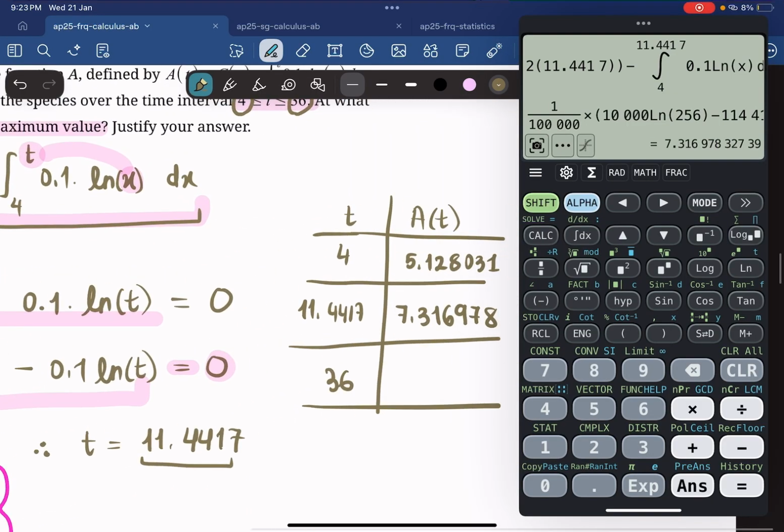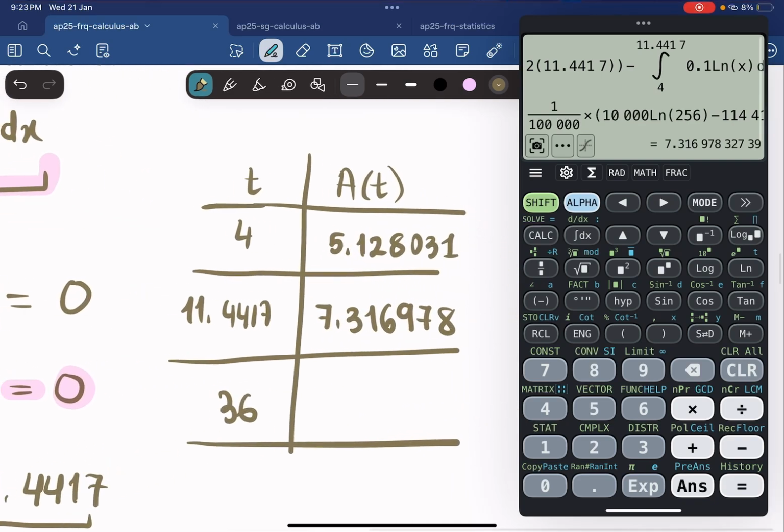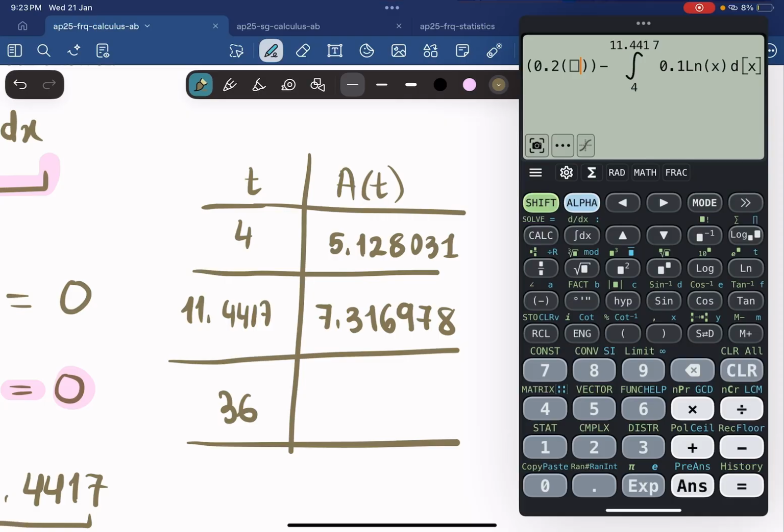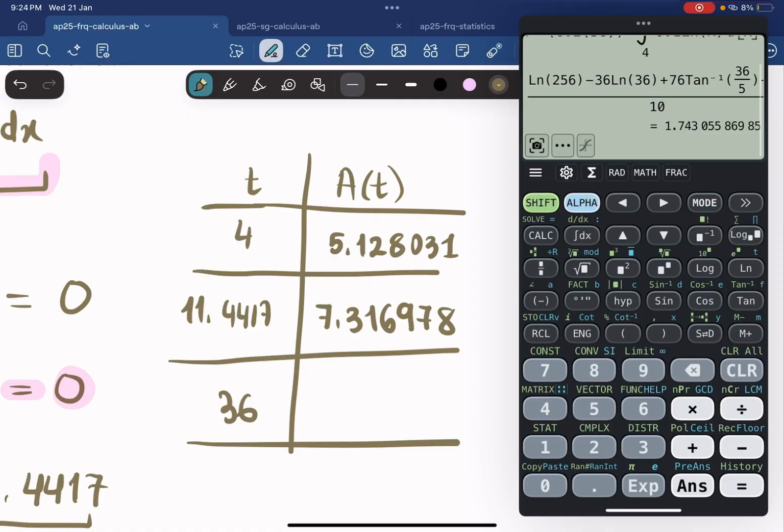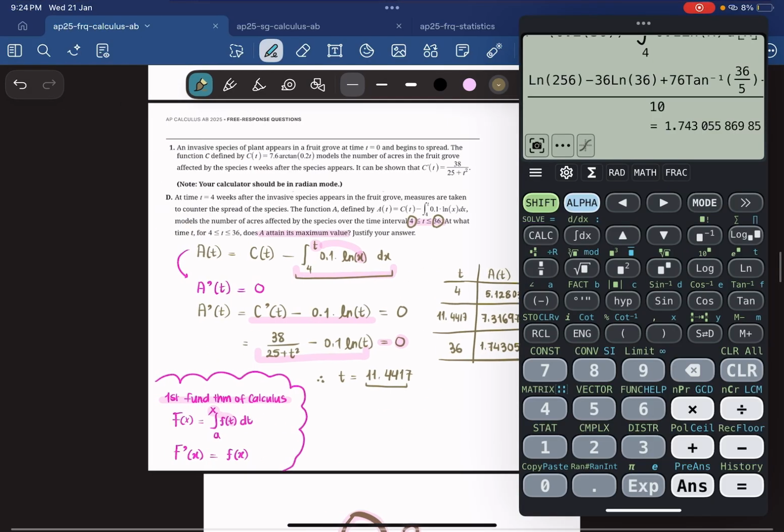And if we substitute 36 in this function, instead of 11.4417, we get about 1.743. They want us to check at what time t does A attain its maximum value.